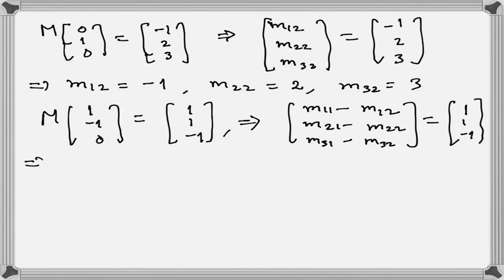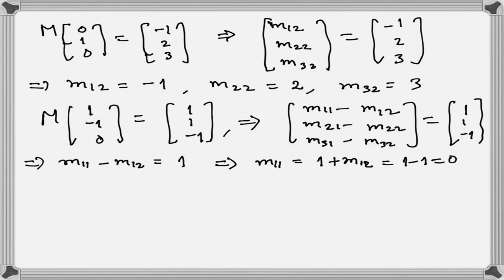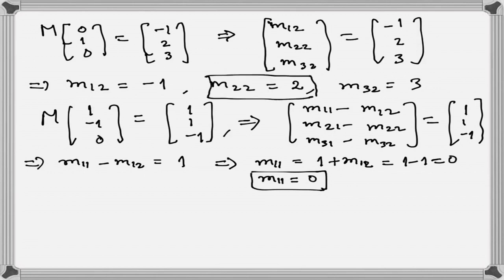So M11 minus M12 is 1, which implies M11 is equal to 1 plus M12. M12 is minus 1, so it's 1 minus 1, which is 0. So M11 is 0. This is the first entry of the diagonal, and this is the second diagonal entry.